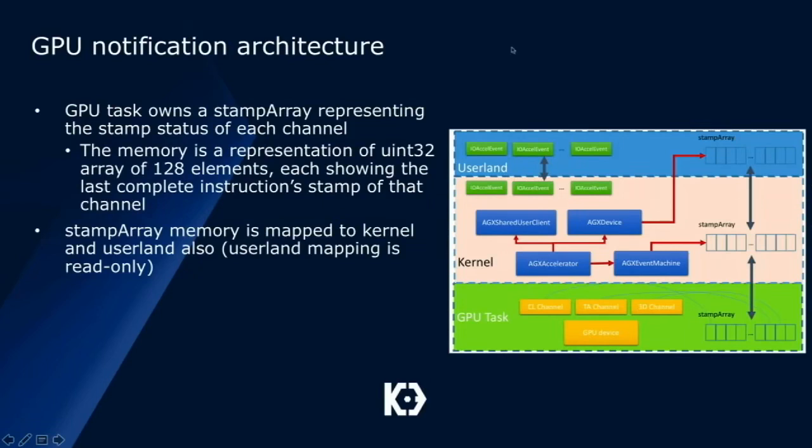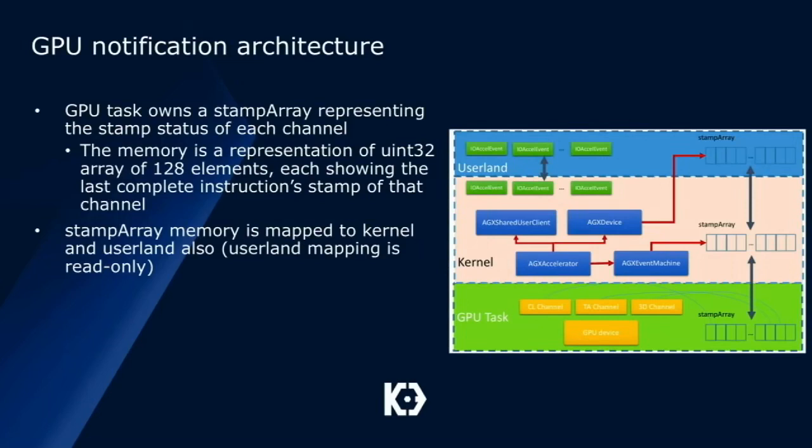The GPU task actually owns a stamp array representing the stamp status of each channel. This memory is a representation of a uint32 array of 128 elements, each showing the last completed instruction stamp of that channel.